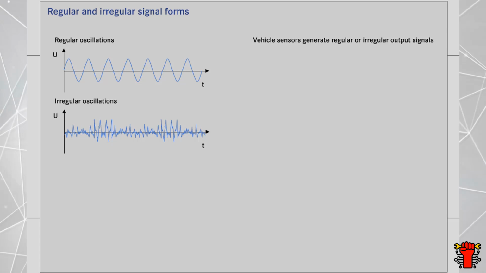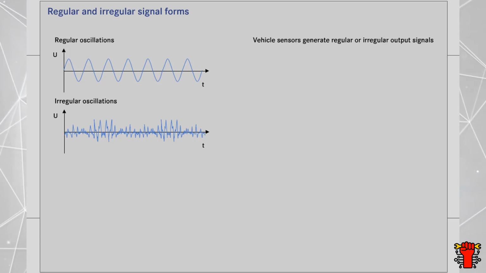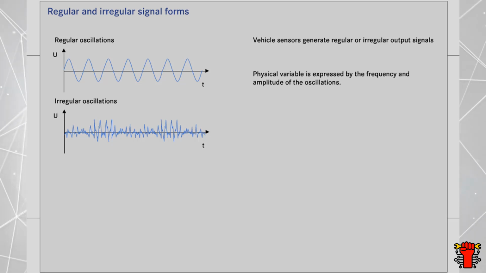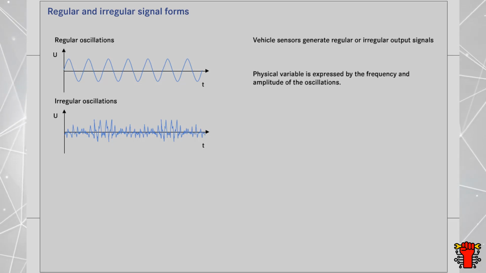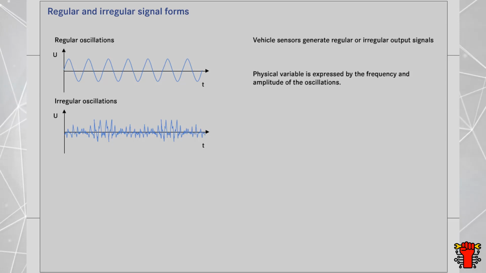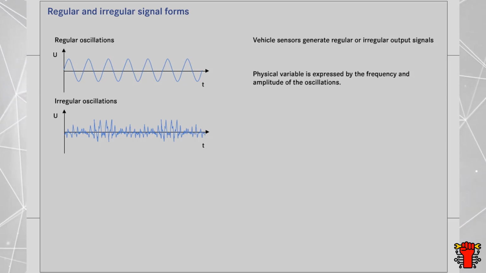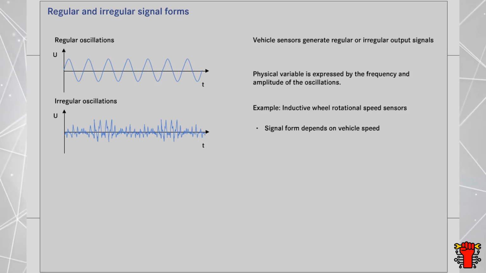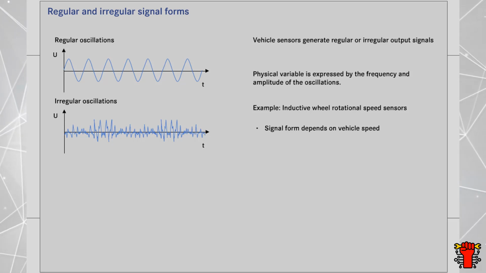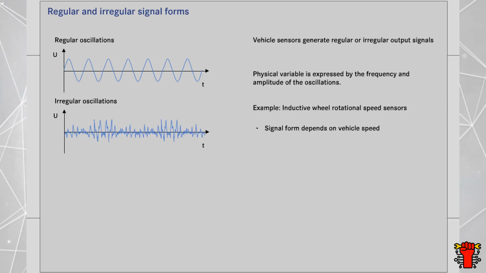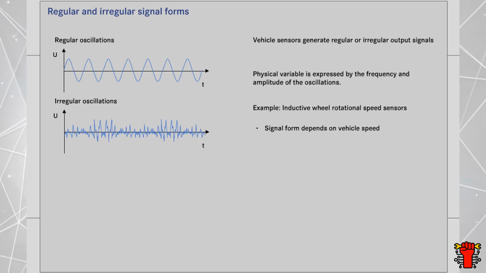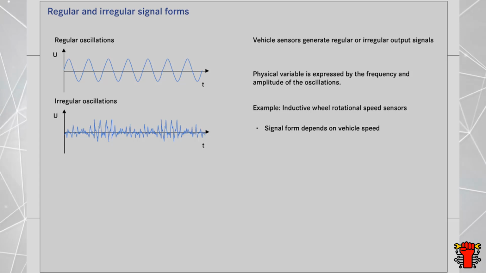Many vehicle sensors generate output signals with regular or irregular oscillations. Here, the physical variable is expressed by the frequency or the amplitude of the oscillations. In the case of inductive wheel rotational sensors, for example, the amplitude and frequency of the oscillations are dependent on the speed at which the toothed segments move past the sensor.